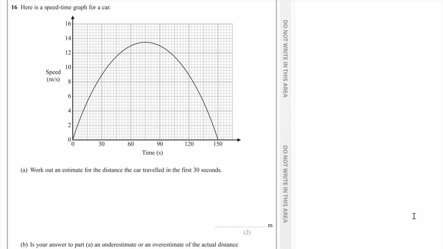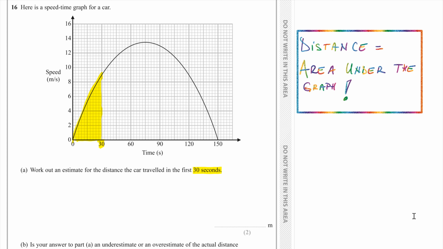Question 16. Here is a speed time graph for a car. Work out an estimate for the distance the car traveled in the first 30 seconds. The distance represents the area under the graph. The area under the graph, shaded in yellow, represents the distance traveled in the first 30 seconds. It looks like a triangle, so we can use the area of a triangle to estimate the distance.